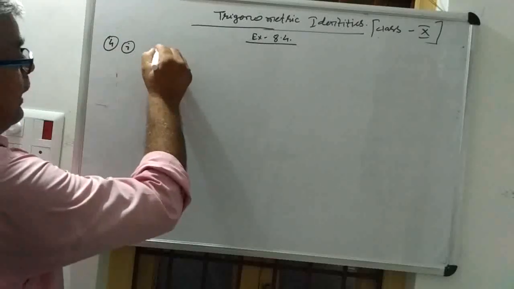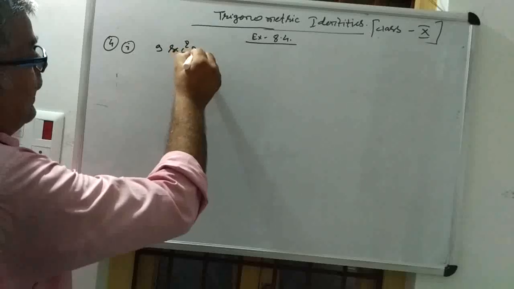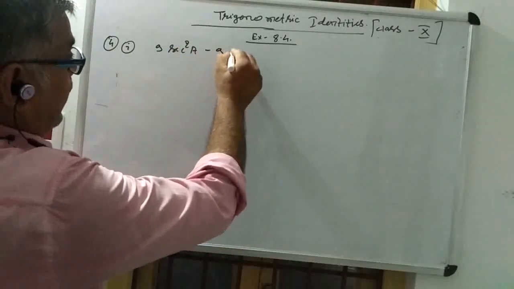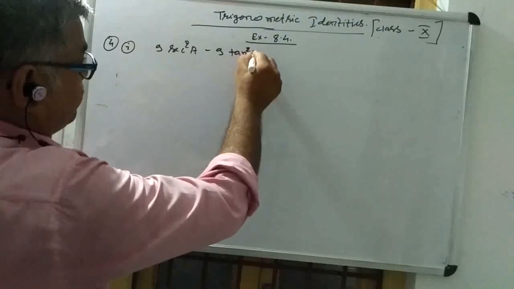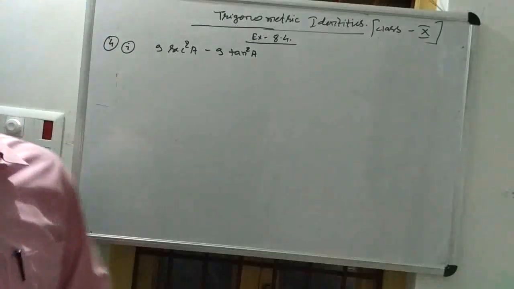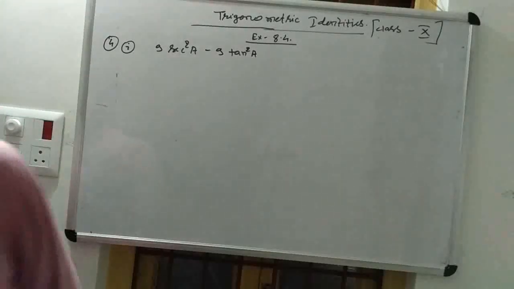9 sec square A minus 9 tan square A. We need to solve this question. So simply, first you simplify it.